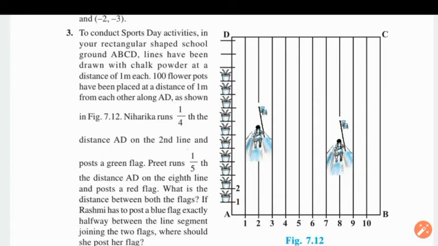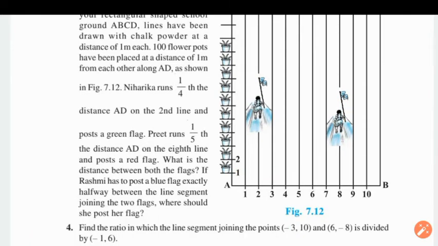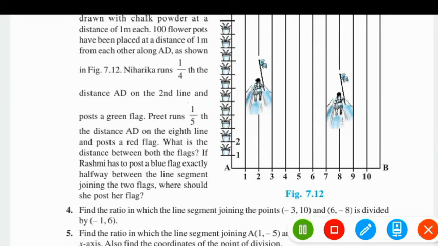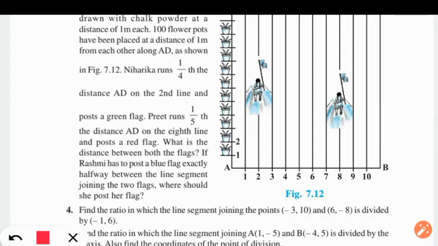So what is the question? What is the distance between both the flags? That means you need to find the distance between the 2 points. Second, Reshmi has to post a blue flag exactly halfway between the line segment joining the two flags.